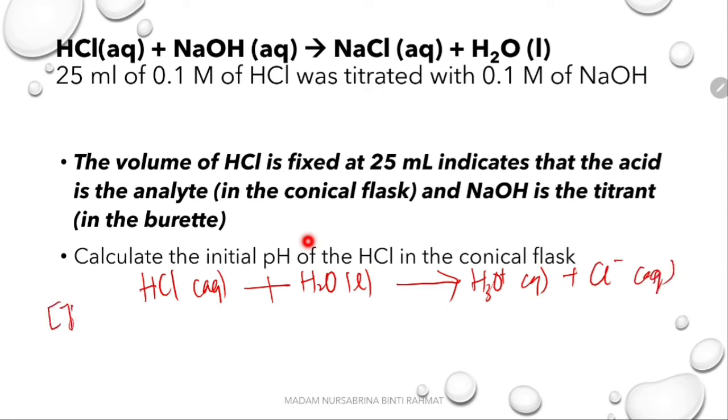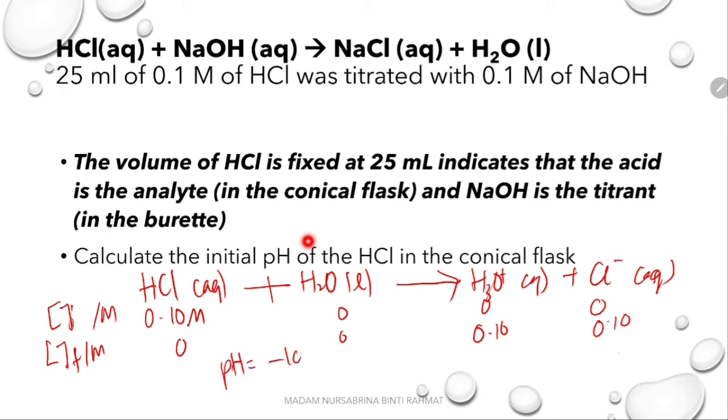My initial concentration is 0.10 molar, so at the final point all the HCl will be converted to H3O+. The pH is negative log of H3O+, which is negative log 0.10, equal to 1.0. That is the initial pH of your analyte.